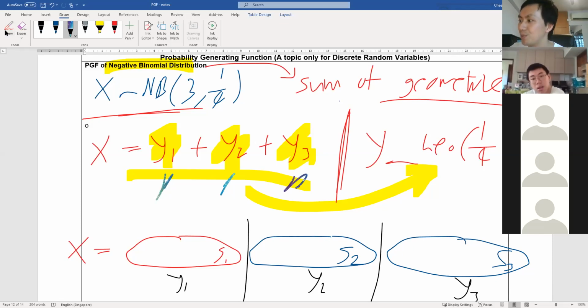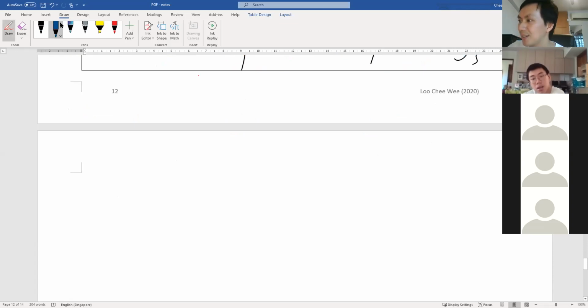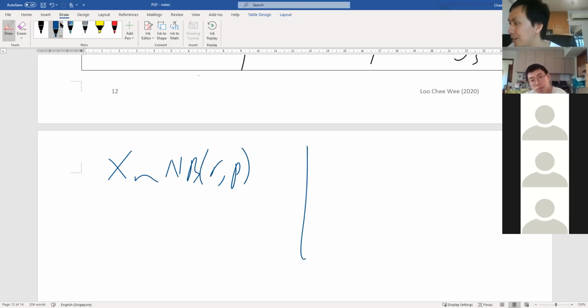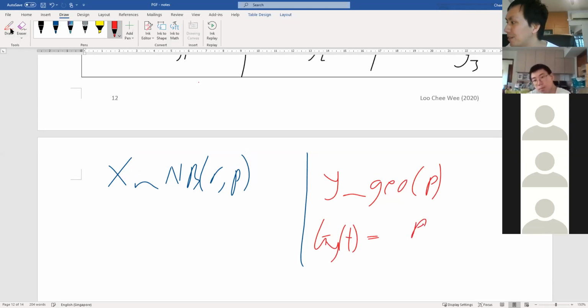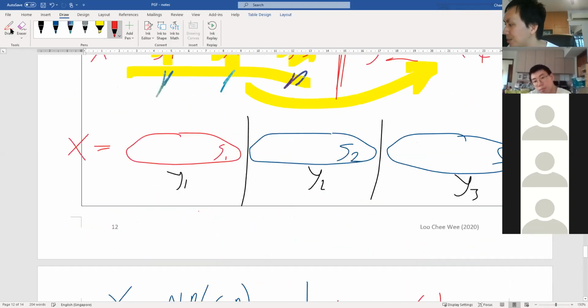So now if we have X is negative binomial R and P, if you have Y is known to be geometric P, the PGF of Y is simply, let me check it out again, PT over 1 minus QT.